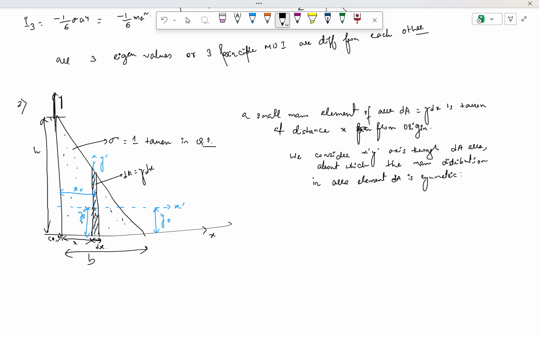Okay, so now here comes a time where we will use the parallel axis theorem for the moment of inertia, or the product of inertia. But here, because we are dealing with a small area dA, we'll use a differential version of the parallel axis theorem.